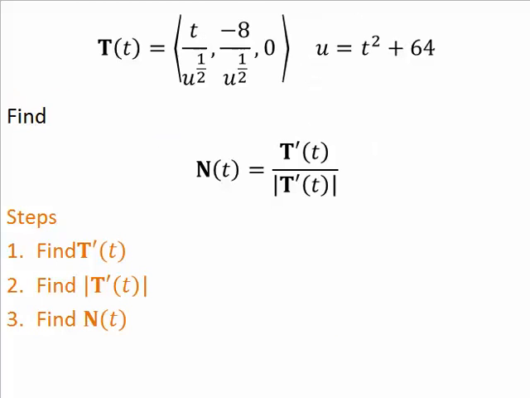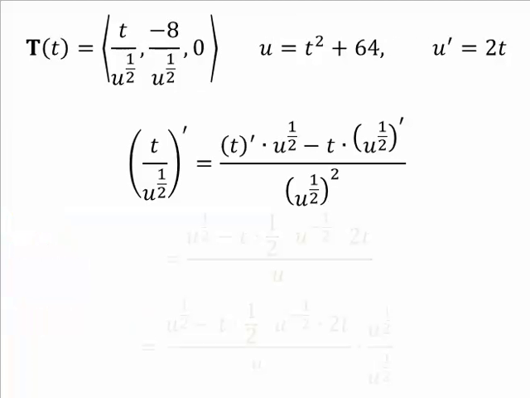And to do that, I'll first find t prime, and then I'll find the length of t prime, and then I'll find n. All right, so this is where things really get dicey and where I'm very grateful for the use of u. I'm going to just look at the first component of t. I need to find that derivative, so I'm just using the quotient rule here.